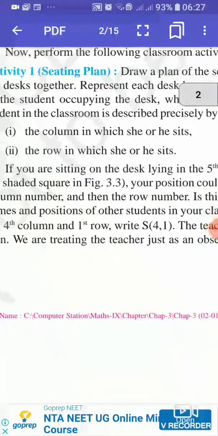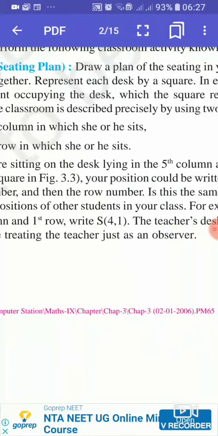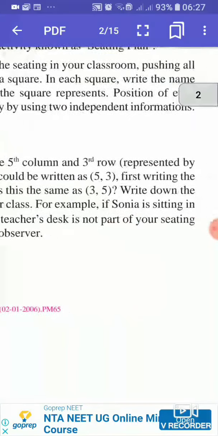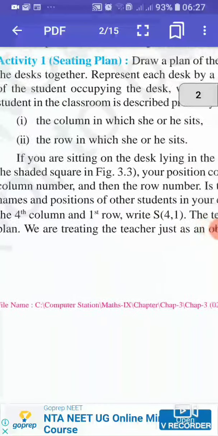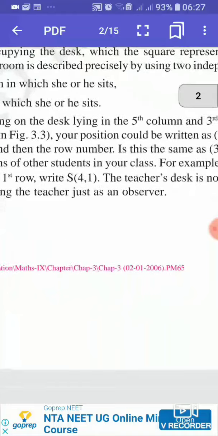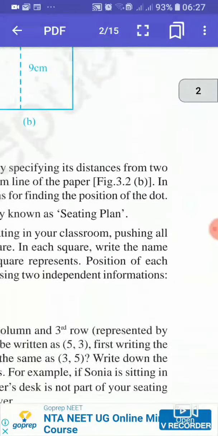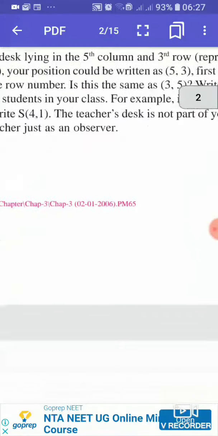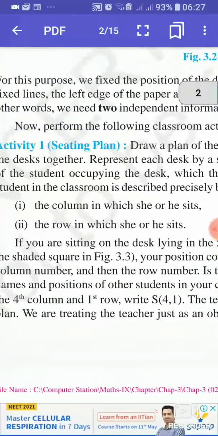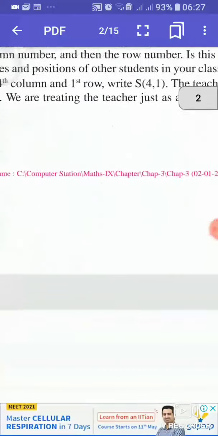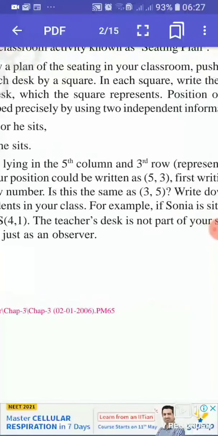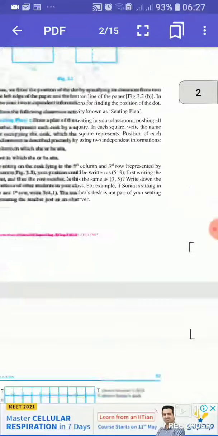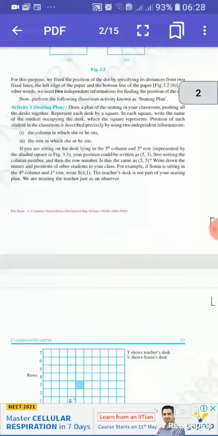If you are sitting on the desk lying in the fifth column and third row, represented by the shaded square that is given in figure 3.3, your position could be written as 5, 3.